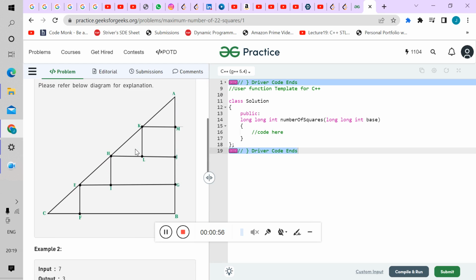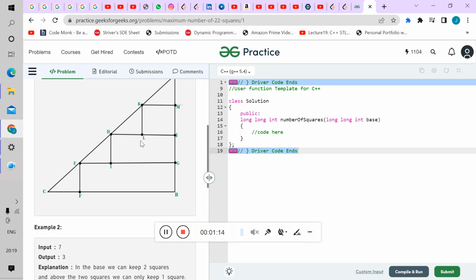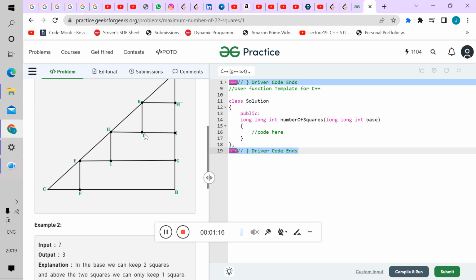It is a pretty simple problem. It is basically simple math. First of all, I will take the example of this question. We are given that the base is of length 2.